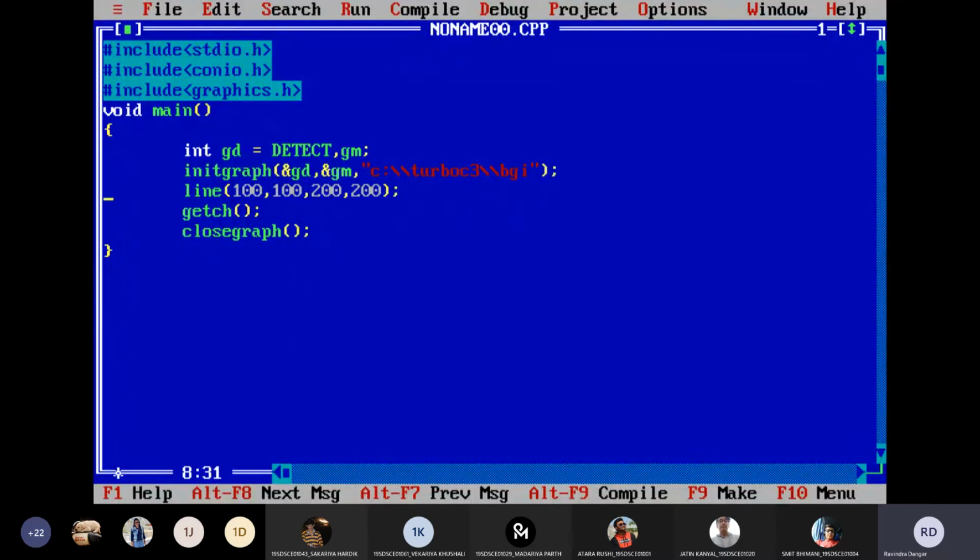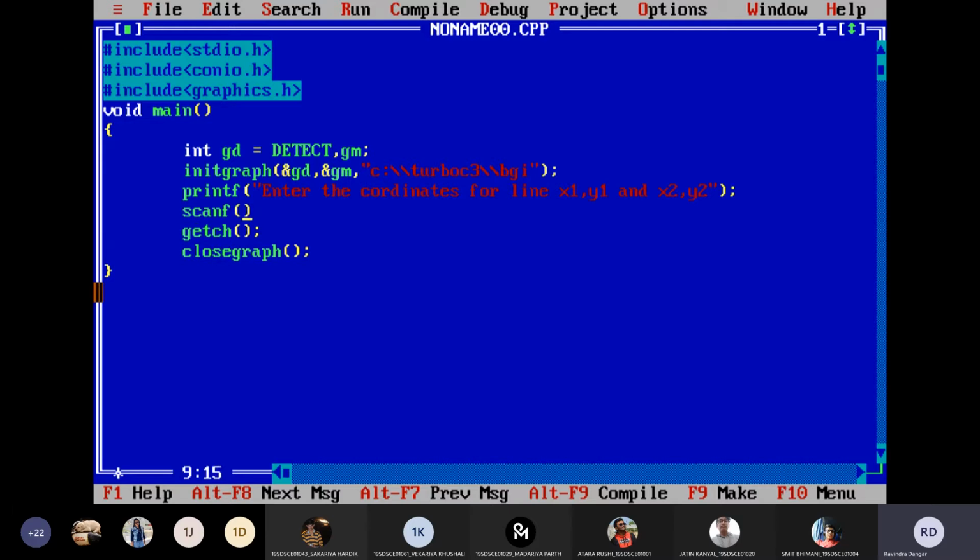Now what we want, instead of this line, is for the user to enter something. Let's say initially we talk about a line only, so you can ask the user to enter the coordinates for the line, like x1 y1 and x2 y2. So the user will enter 4 values.